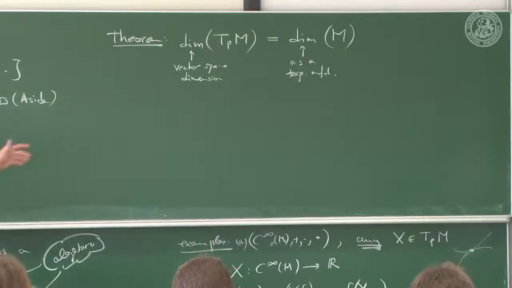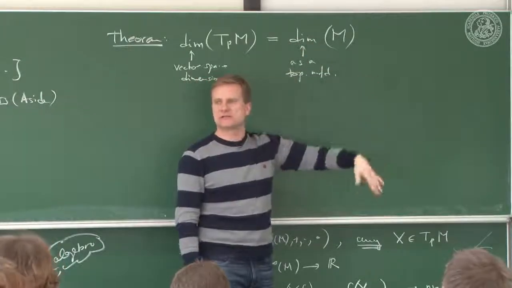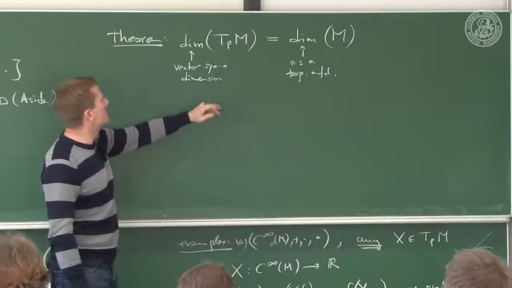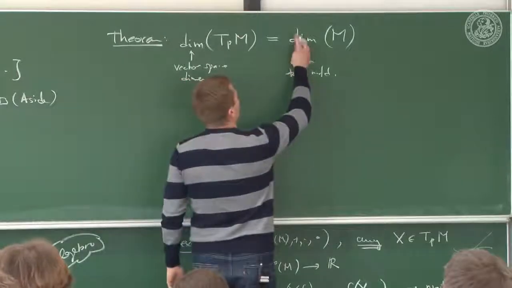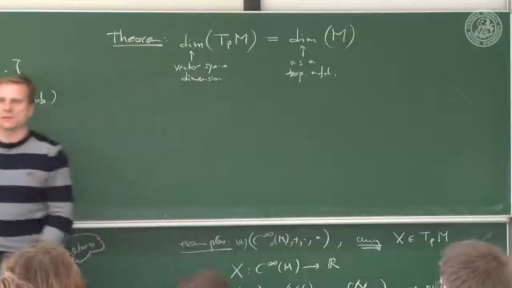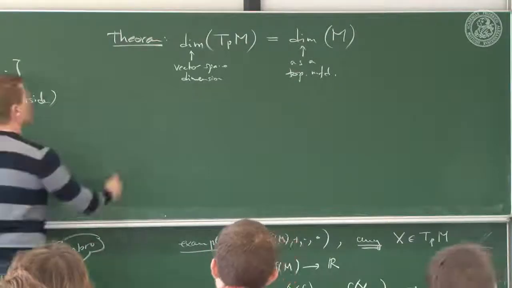The manifold dimension was R to the D, the charts you go to, but the charts were not considered vector spaces, just R^D, the topological space. Now, here, this is the vector space dimension, so in principle, they're very different dims. You could call one capital dim and the other one dim. So there's nothing obvious about this, and we need to prove this.